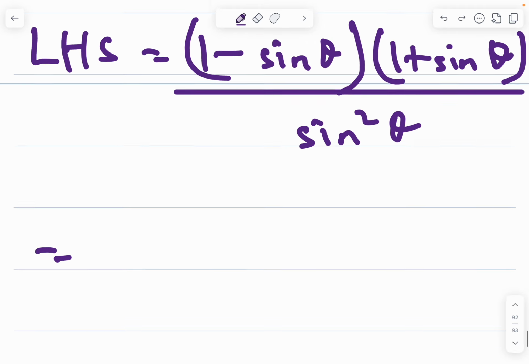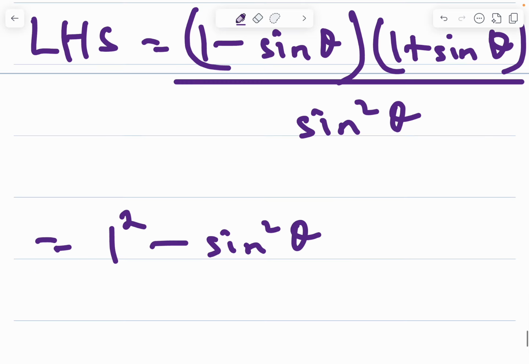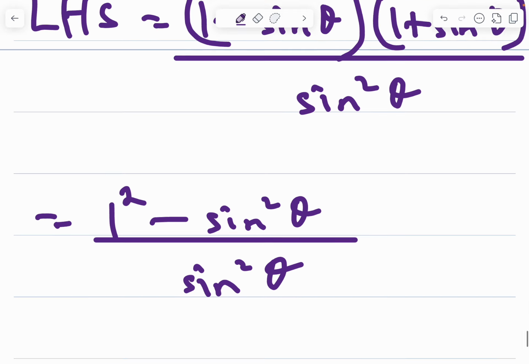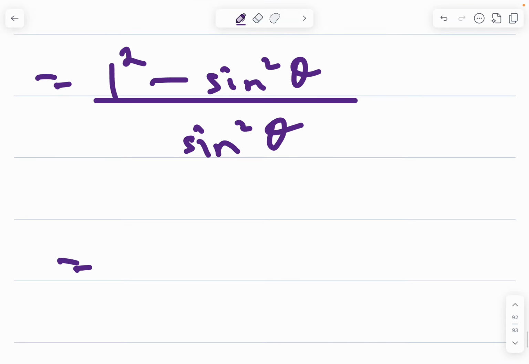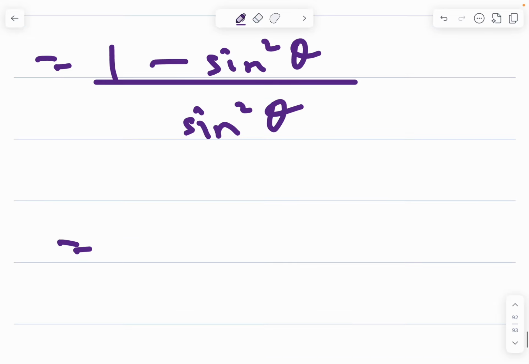So that means it is the same as 1 square minus sine square theta, and the denominator remains sine square theta. Now 1 square is the same as 1, so I can just write it as 1 minus sine square theta.